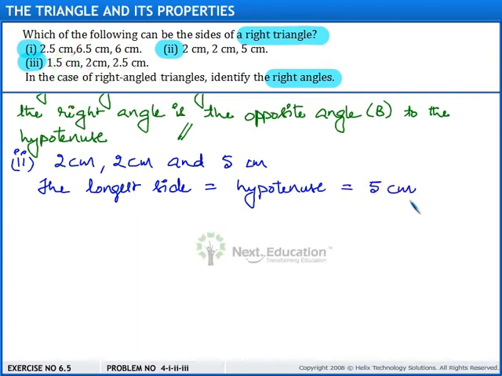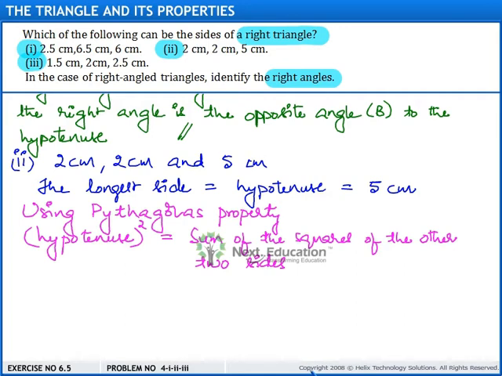Let us assume this. Using Pythagoras property, the square of the hypotenuse is equal to sum of the squares of the other two sides. So let us check this with the given measurements.